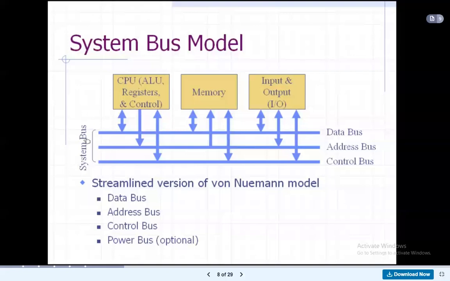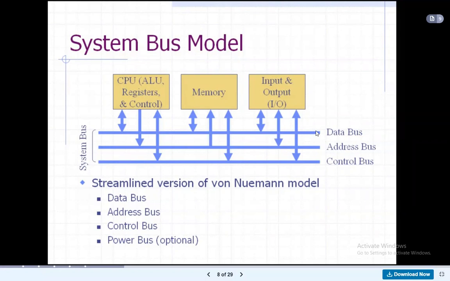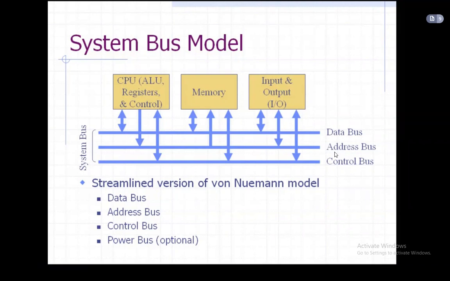In this system bus, there are three main categories. Data bus: what is the data bus? Data means the content of information that is going to be manipulated. The address bus is used to find the address where the data is going to be sent from and to, the source and destination points for transferring information.